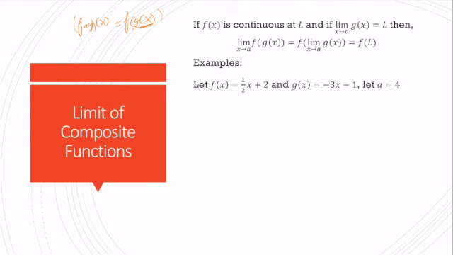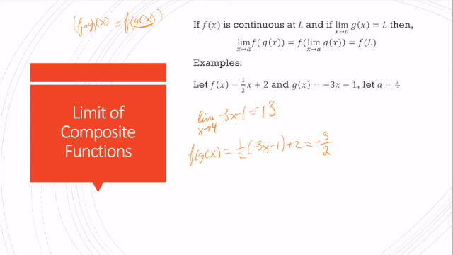So, quick thing I want to do is make sure that f of x is continuous at 4, which it is. And I want to determine what the limit as x goes to 4 of g of x is. So I'm going to take the limit as x goes to 4 of negative 3x minus 1, and that's going to actually equal 13. Sorry, negative 13. So f of g of x equals 1/2 times negative 3x minus 1, plus 2.